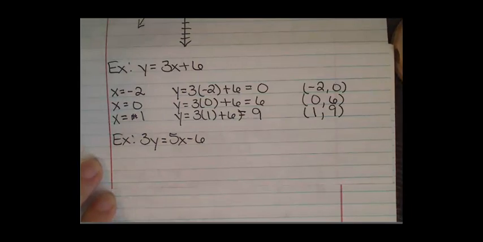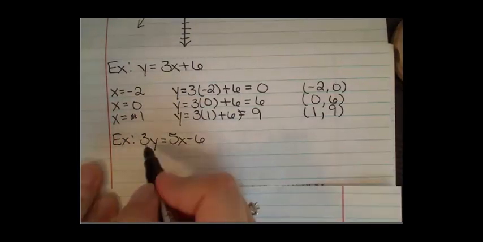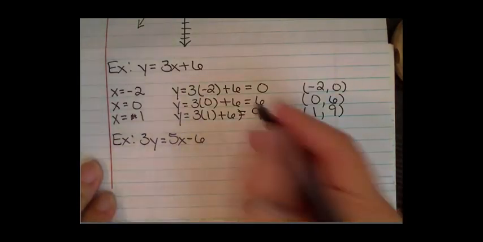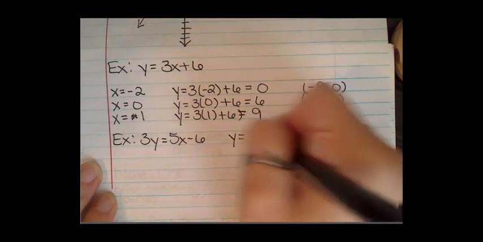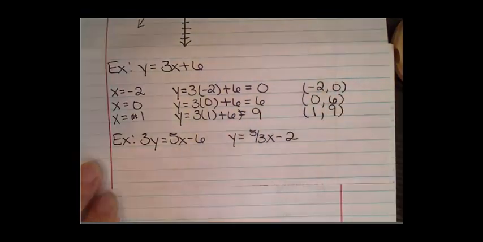So we need to get y by itself. Right now there's still that 3 over there, so we need to divide everything by 3. So y equals 5 over 3x minus 2. All I did was I divided everything by 3 in that case.